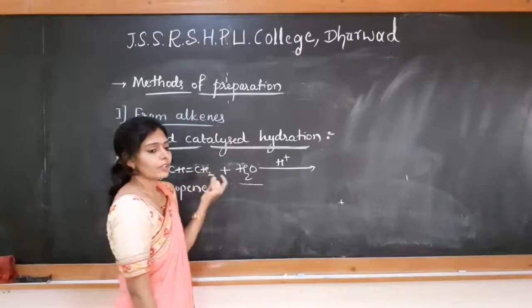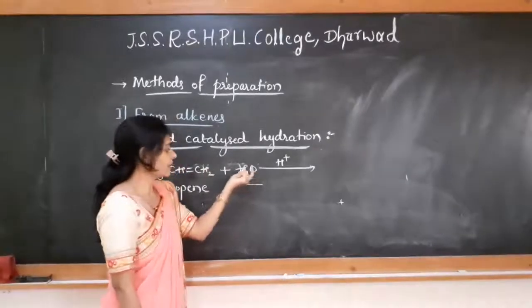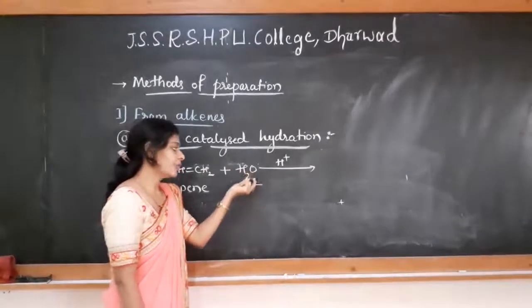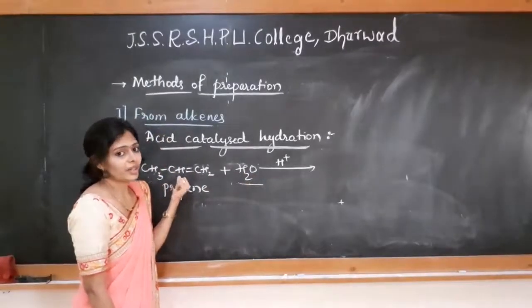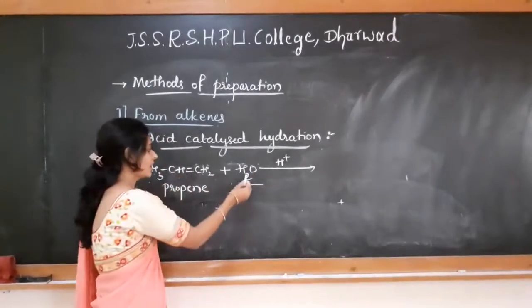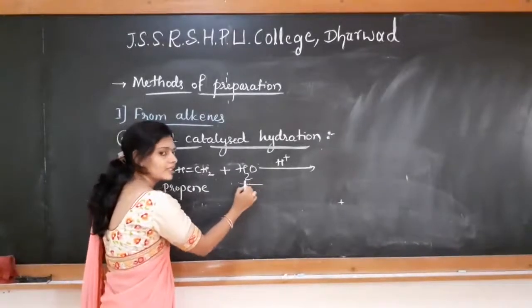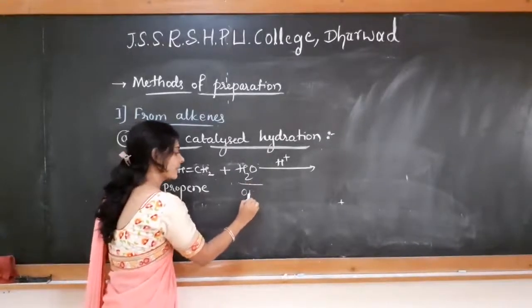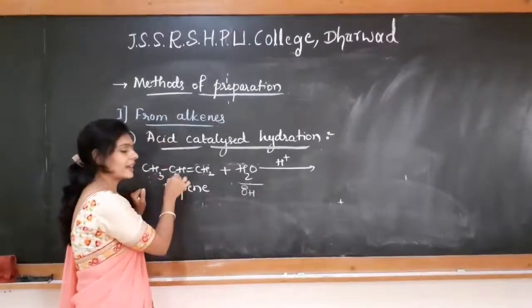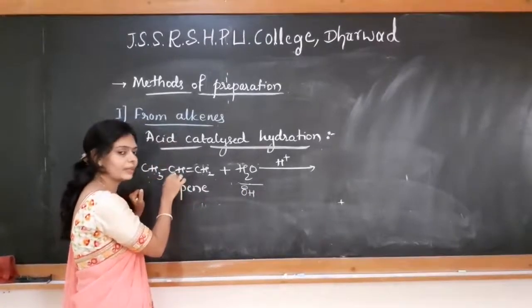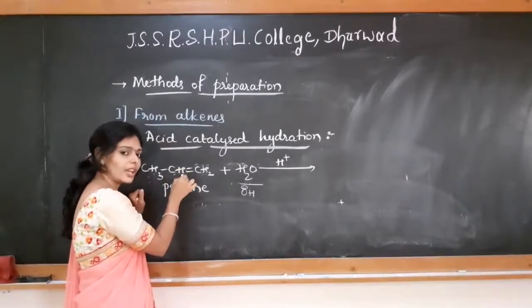What does Markovnikov's rule say? During the addition reaction, the negative part of the adding molecule goes to the carbon which has the lesser number of hydrogen atoms. Here the negative part in this molecule is OH minus. So this OH goes and adds to the middle carbon because it has fewer hydrogen atoms.